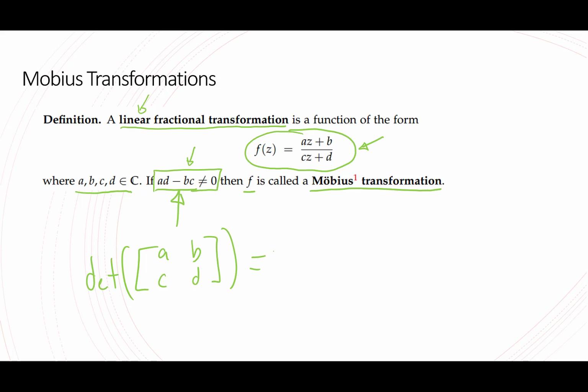So there is a little bit of linear algebra related to this for sure. Actually, there's a lot of linear algebra related to this, but we're not going to get too deep into that because this is not a linear algebra course. In any case, Mobius transformations are linear fractional transformations, so fractions with linear on top and bottom, with this extra condition that ad minus bc is non-zero.